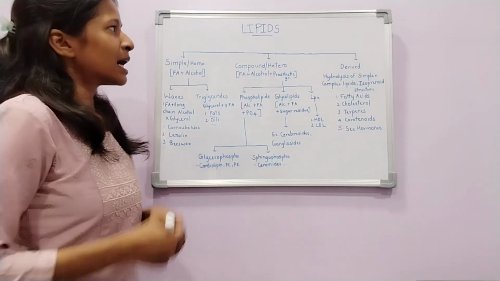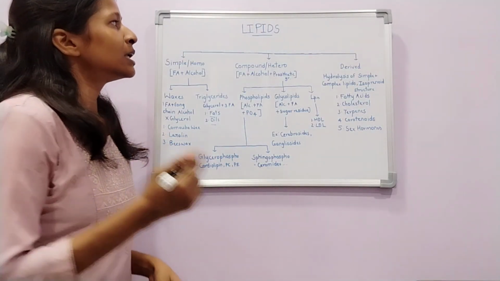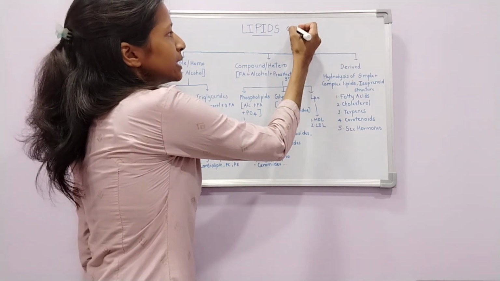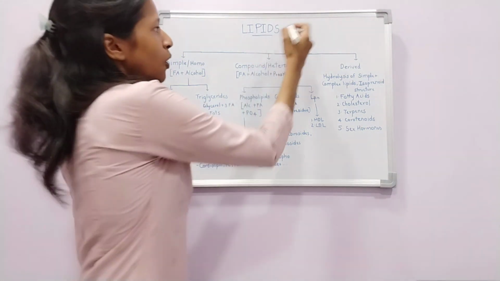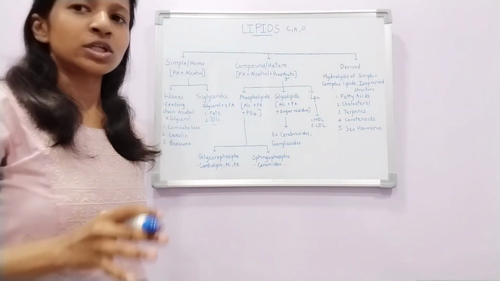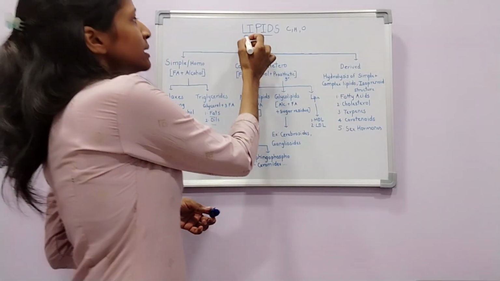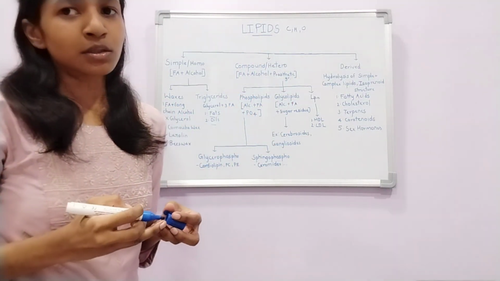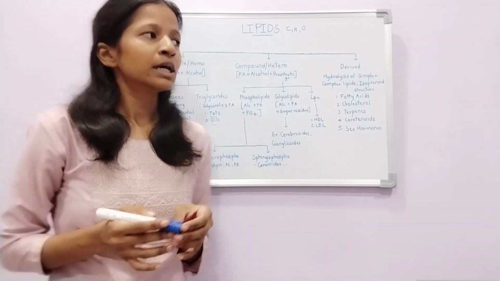Now, lipids are a class of organic compounds that are majorly composed of carbon and hydrogen atoms, but there are also oxygen atoms, comparatively lesser in number. And these are insoluble in water and soluble only in organic solvents.